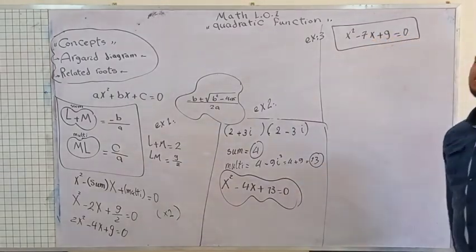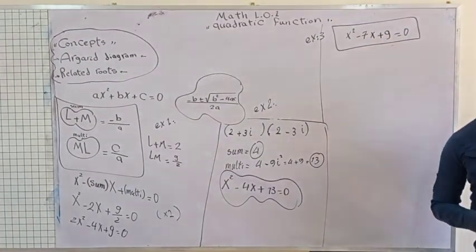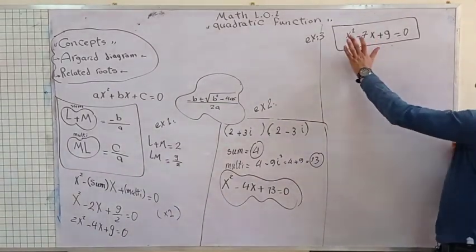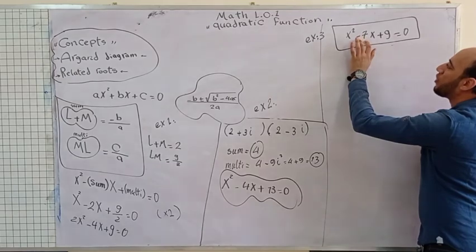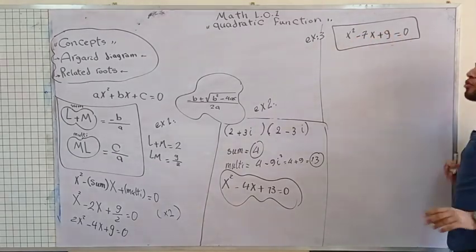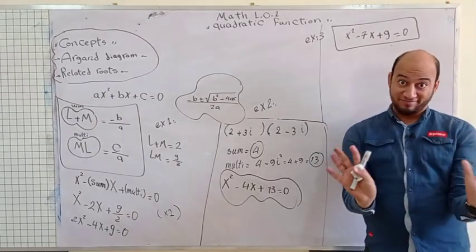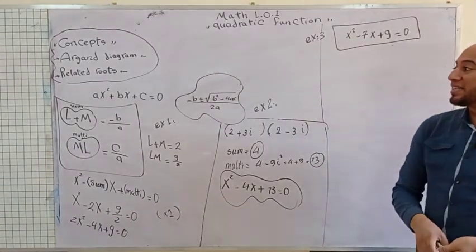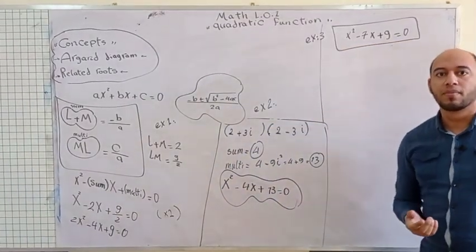I will give you this equation, x squared minus 7x plus 9, which has a coefficient a equal 1, a coefficient b equal minus 7, and a coefficient c equal 9. Okay, these are the three coefficients, and we know them.